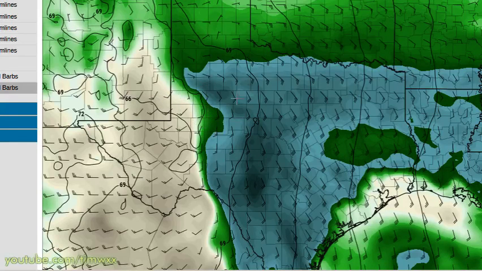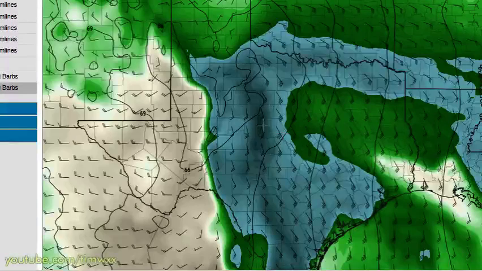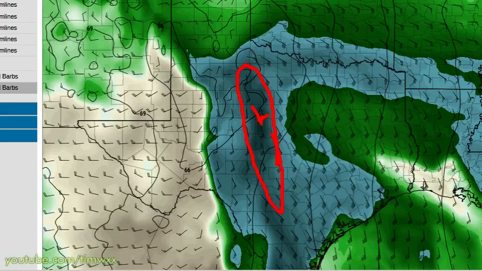Let me just run this to the end of the day. Yeah, see the moisture axis really comes up quite a bit there at Abilene. So it looks like this moisture down in the San Antonio area is going to be important as that moves northward this afternoon.